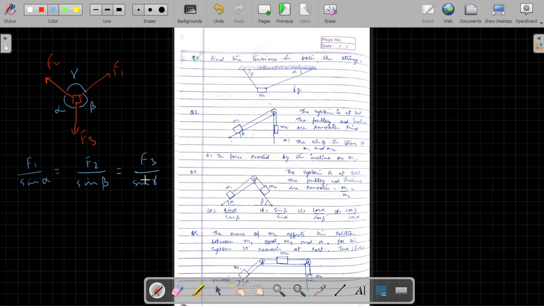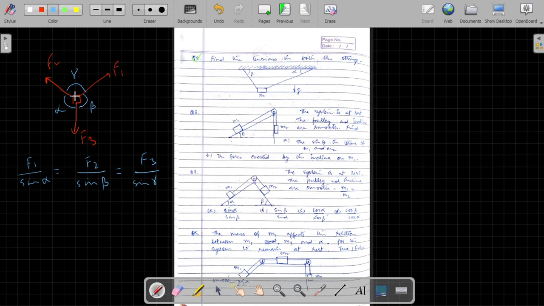So if we know that the sum of all these forces is already 0 and there are only 3 forces acting on the body, we can write a simplistic relation if we know the angles alpha, beta and gamma, and obviously the 3 forces have to be coplanar. How to remember this expression: just write force F1 divided by the sine of the angle opposite to that force.